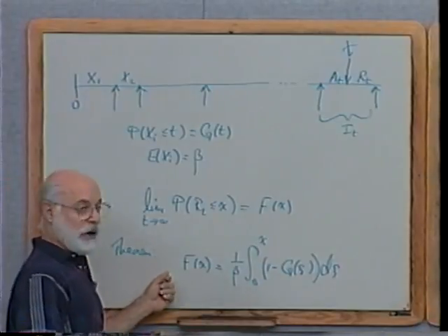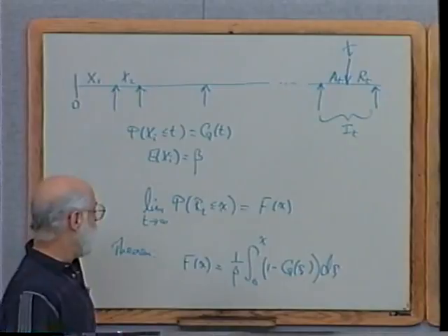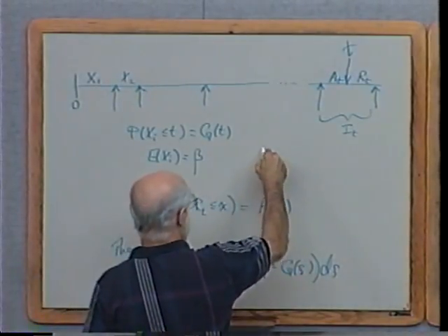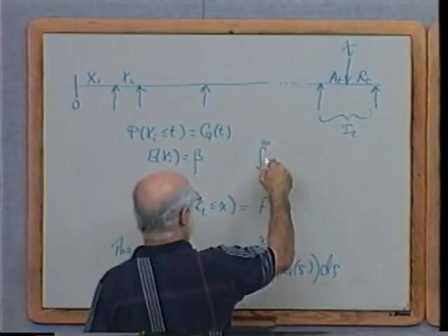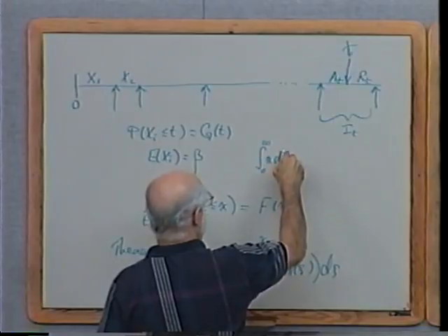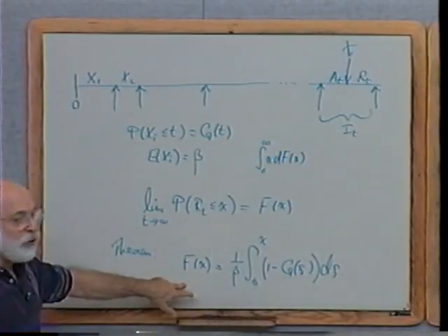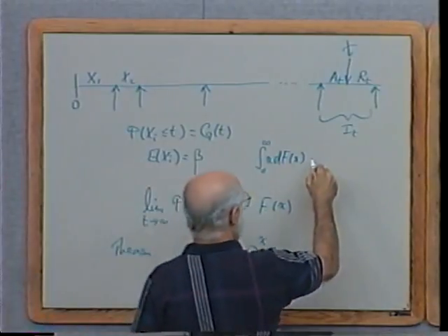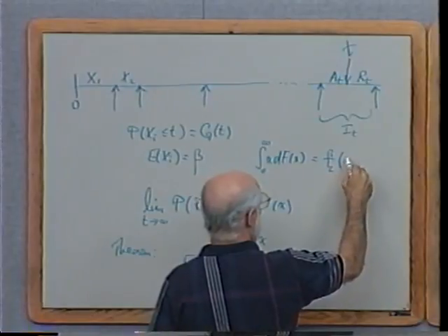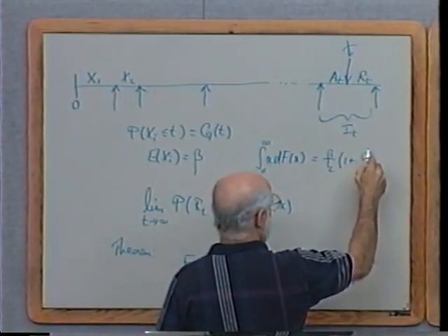All right, so I want to prove this, and I want to prove some other things from it. For example, if I have this, then the expected value of this thing, that is the integral from 0 to infinity of x dF of x, that would be the expected value of the random variable with that distribution function. That turns out to be equal to beta over 2 times 1 plus sigma squared.